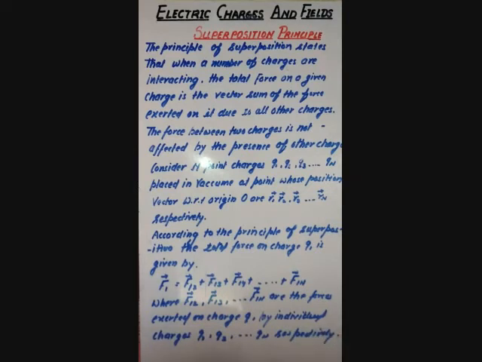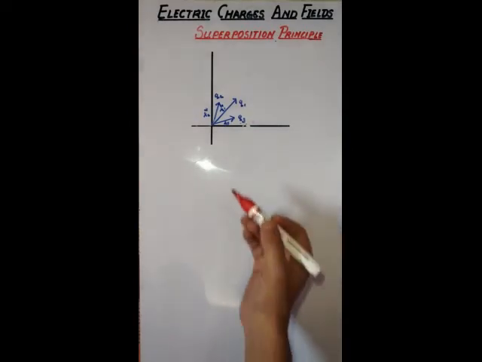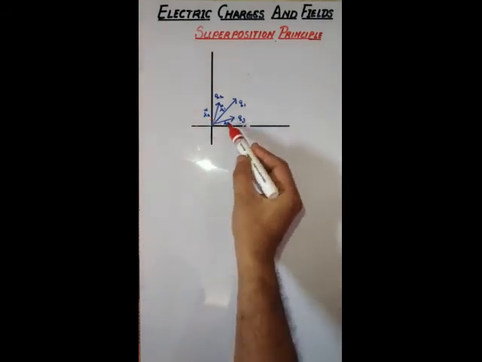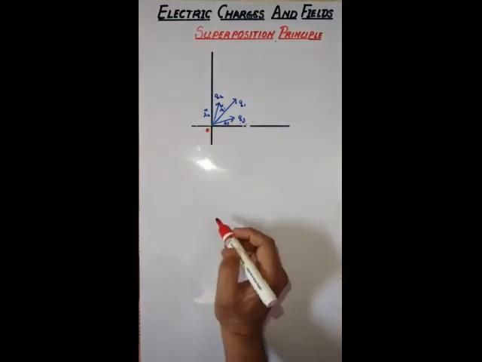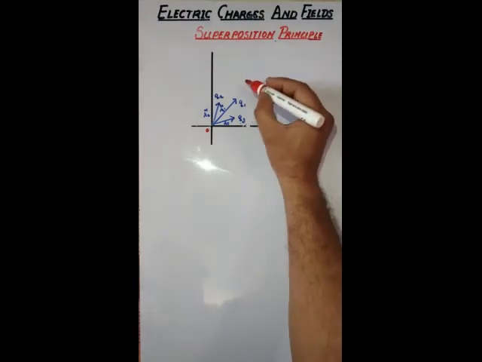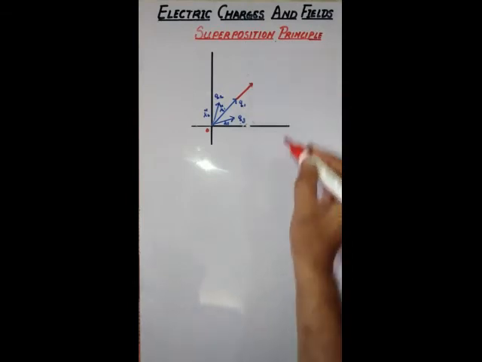So we can draw a figure. Suppose there are three charges Q1, Q2 and Q3, with position vectors R1, R2 and R3. This is the origin. The force exerted on charge Q1 by Q2 will be in this direction.